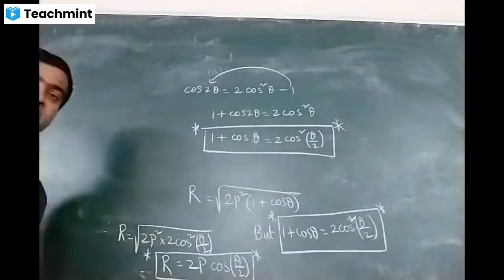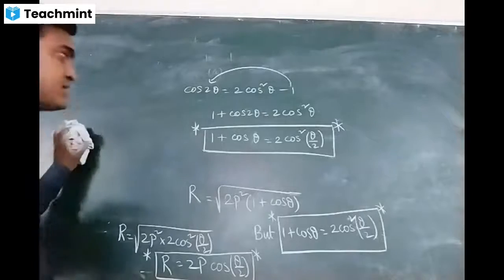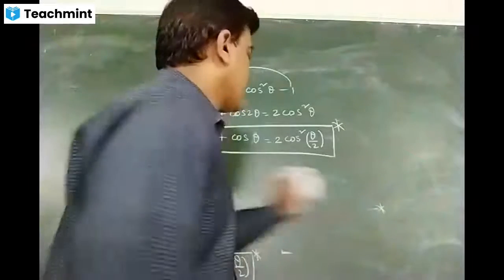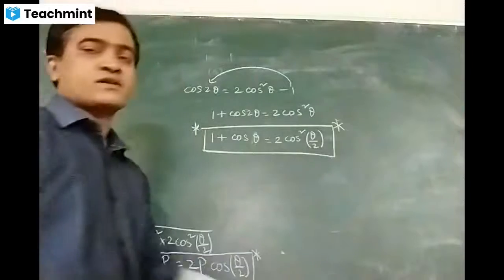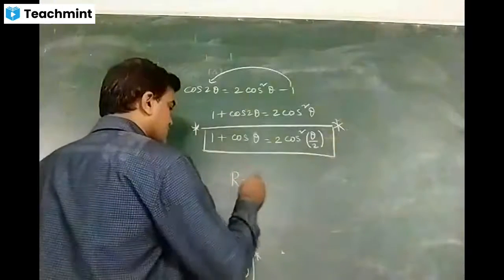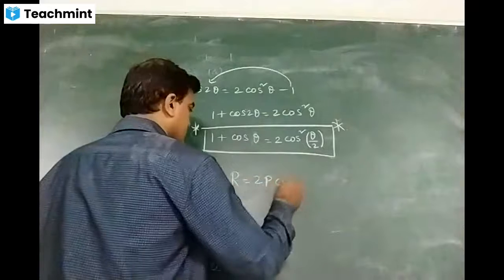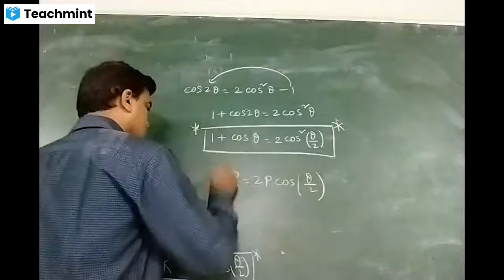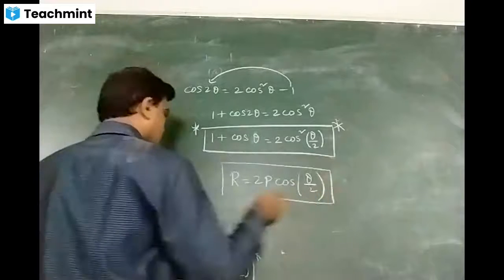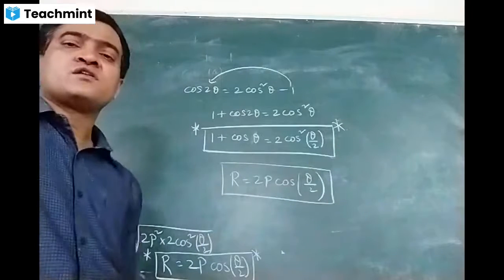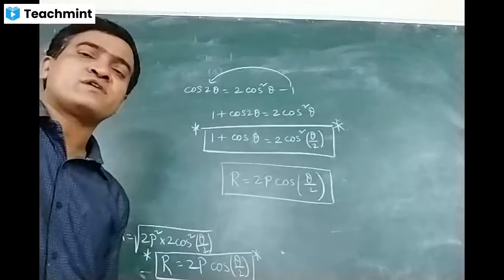So let me write the formula again for magnitude of resultant. What I got? Magnitude of resultant when two vectors are of equal magnitude, R is equal to 2P cos of theta by 2. This is the general formula and this is valid for any angle.